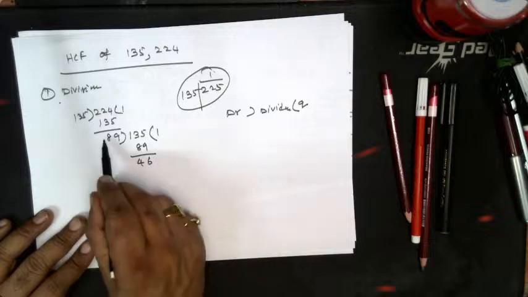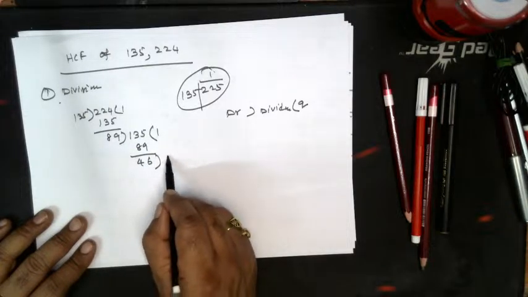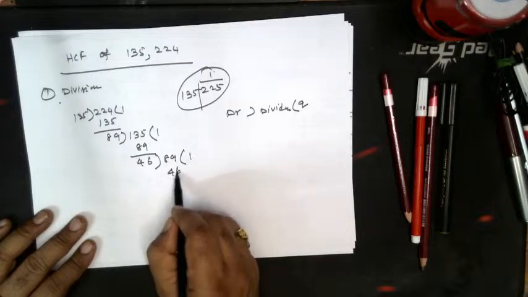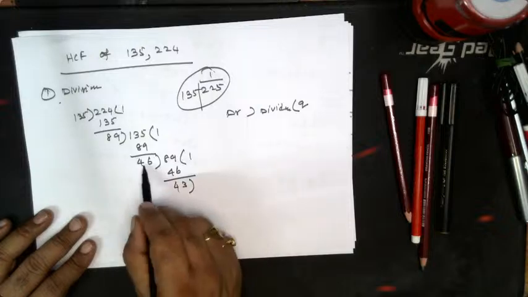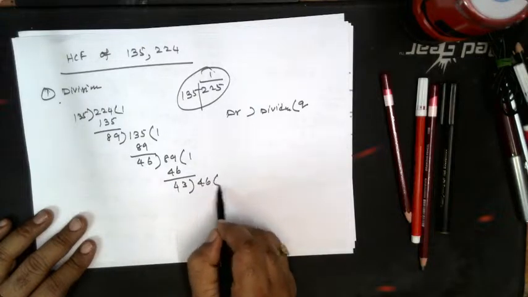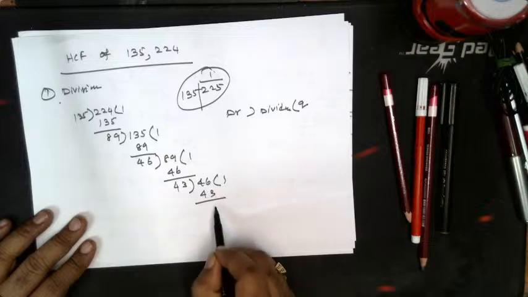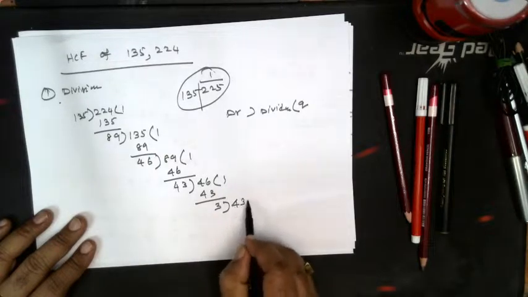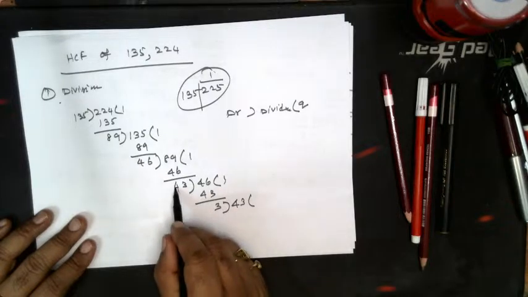Now bring the previous divisor. So 45, 90. One time. So 45, 3, 43. Again 45. Okay. So one time. 43, 3. Again, how many times? 43.